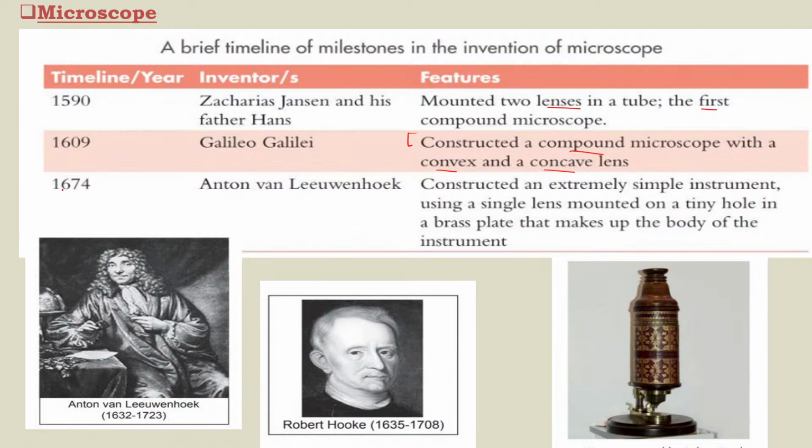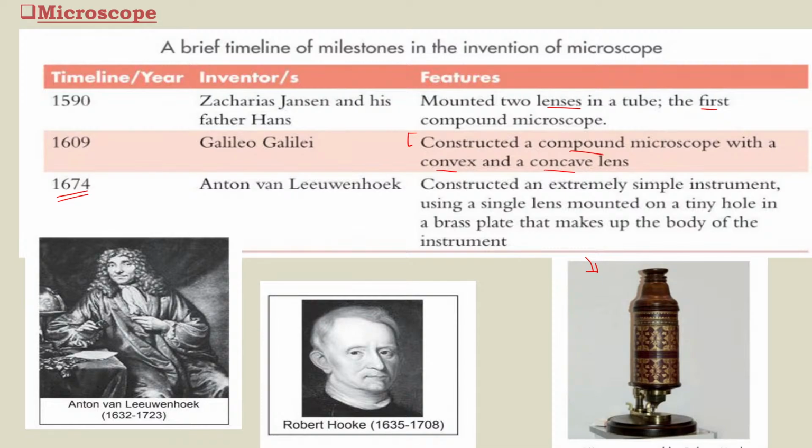And in 1674, Anton van Leeuwenhoek constructed an extremely simple instrument using a lens mounted on a tiny hole in a brass plate, and he used this microscope for observing the microscopic world.